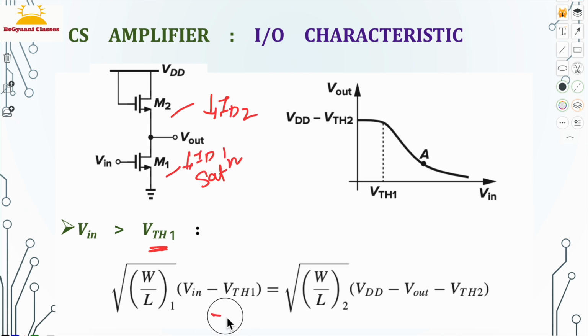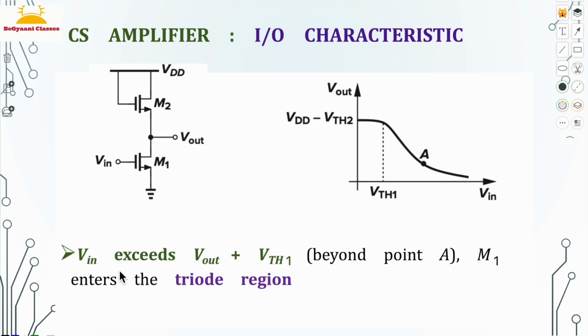So we have this equation, number 7, and we can see that Vout will follow an approximately straight line. As Vin exceeds Vout plus VTH1, that is beyond this point A, M1 enters into the triode region and the characteristic becomes non-linear.